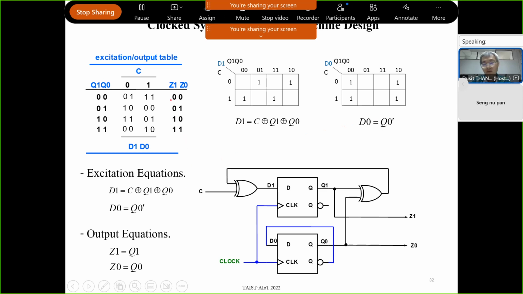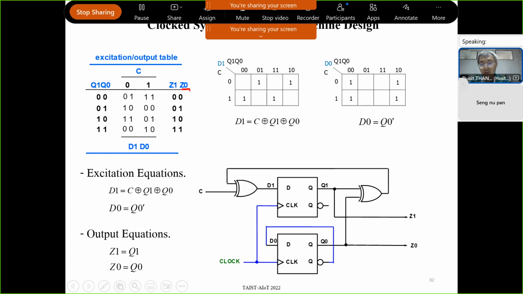And the output is easy, right? If you consider Z1, you need not write down a K-map because there are only two variables. Z1 is 1 when Q1 is 0, 0, 1, 1, so Z1 is Q1.